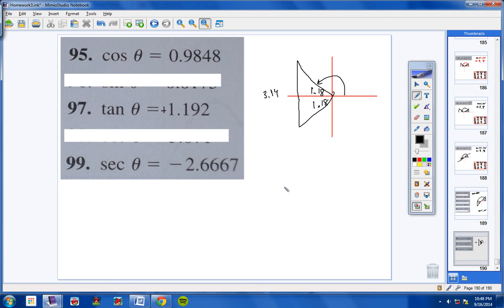So theta equals 1.96. Then students, think about it. I'm going to rotate from here to here. That's 3.14 plus 1.18 more. So I'm going to take 3.14 plus 1.18, and I'm going to get 4.32. And there we go. There's the two answers to theta.